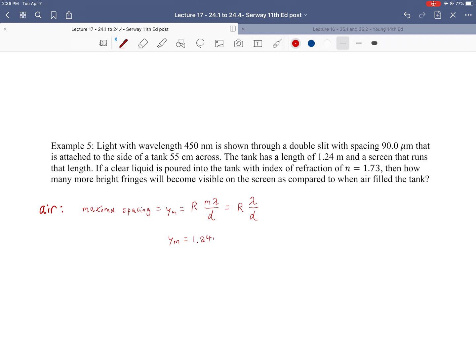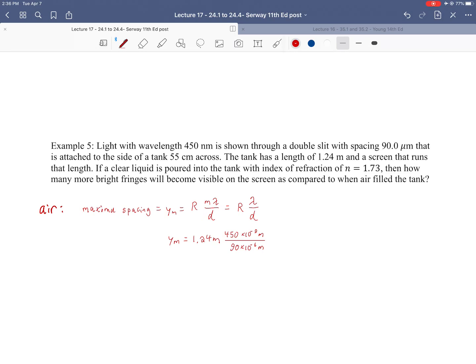So we'd have a spacing of 1.24 meters times lambda over d, so 450 times 10 to the negative 9 meters divided by our d of 90 times 10 to the negative 6 meters.